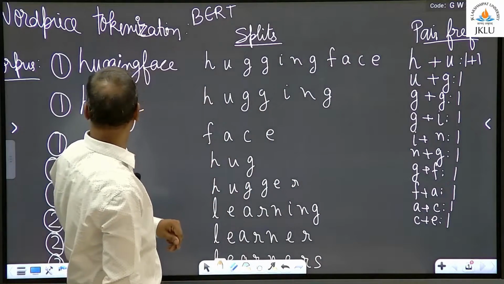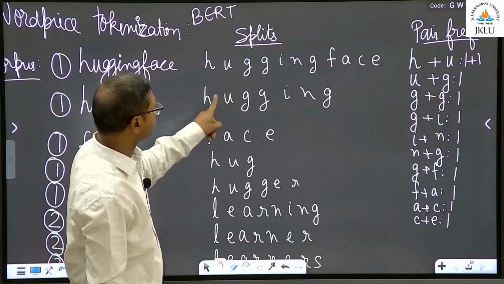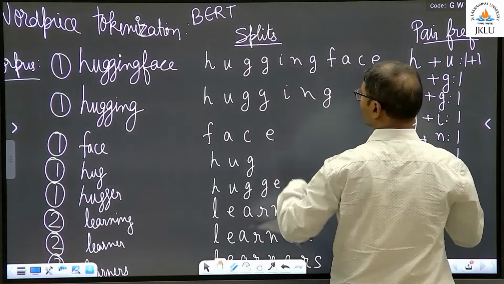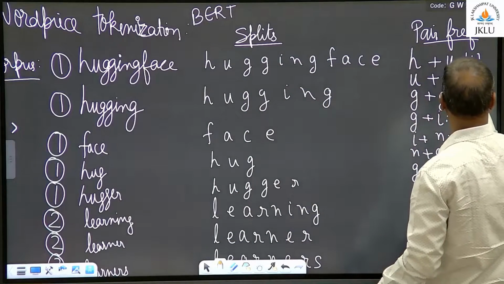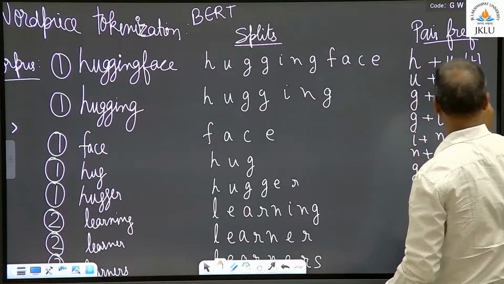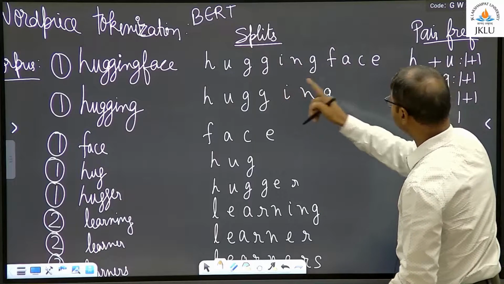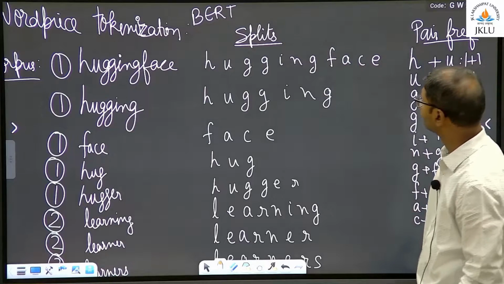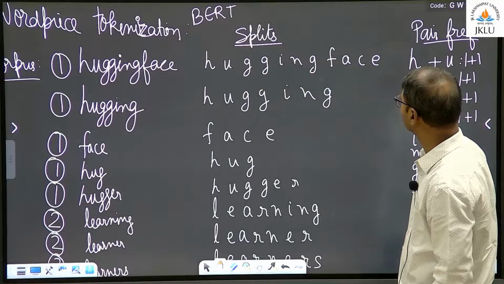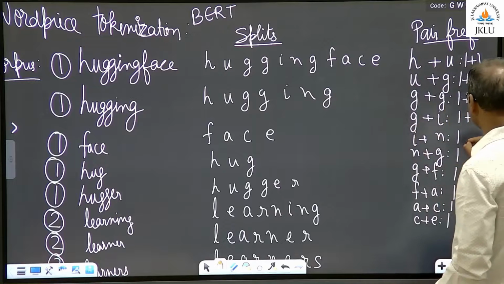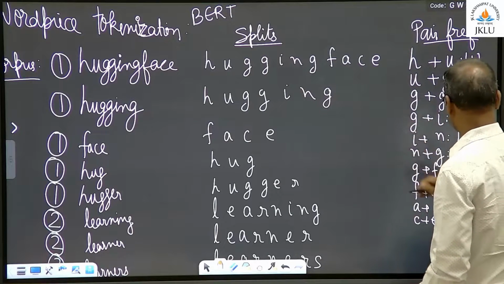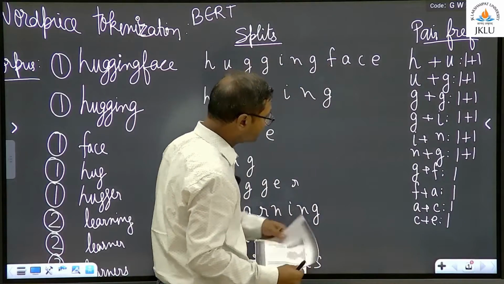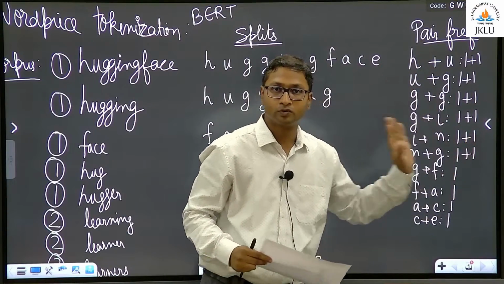Next, UG. So in UG I just do plus 1, GG plus 1, GI. So I plus N and N plus G, right? And then GF is not there, so we are done.